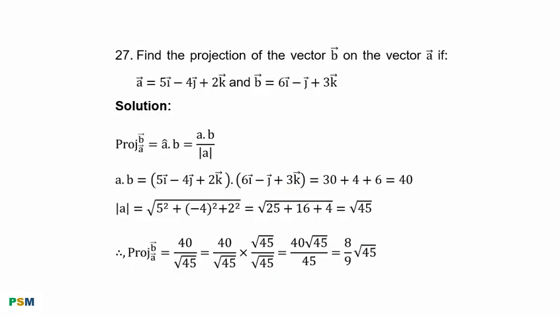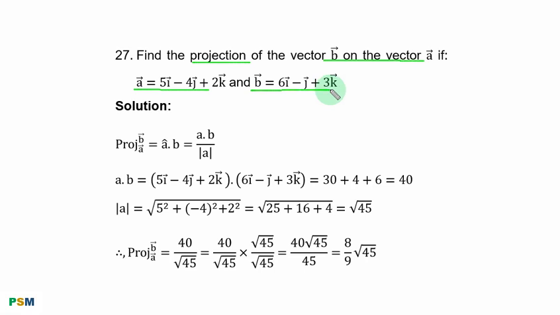Example 27. Find the projection of the vector B on the vector A, if vector A is equal to this and vector B is equal to this.